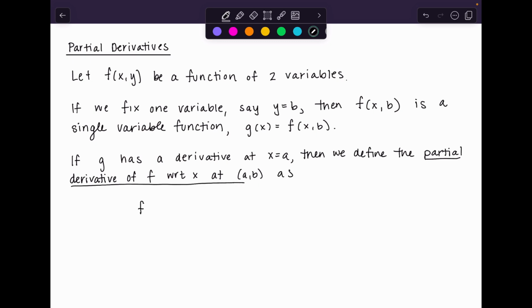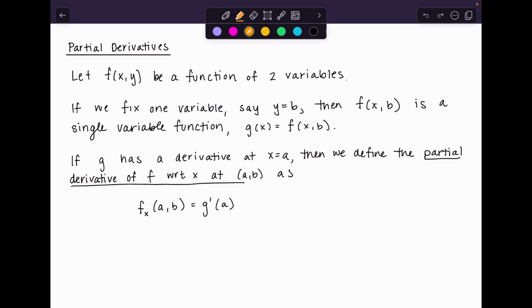To indicate that it's a derivative with respect to x, we can use a subscript of x. This is evaluated at the point (a, b). It is just how we would normally differentiate the function, because again, remember, we've replaced y by a constant, so x is the only variable.